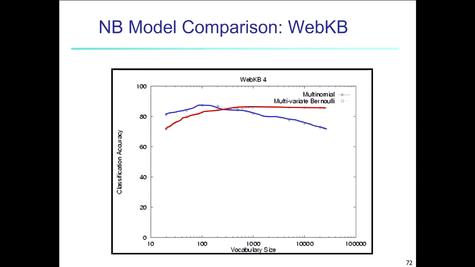The red line is the multinomial model, and the blue one is the Bernoulli model. So basically, the Bernoulli model only outperforms the multinomial model when the vocabulary size is small. But when the vocabulary size is large, eventually the multinomial model would beat the Bernoulli model.